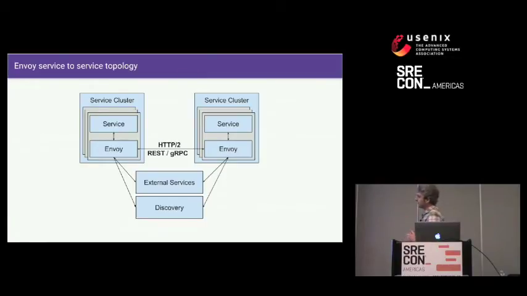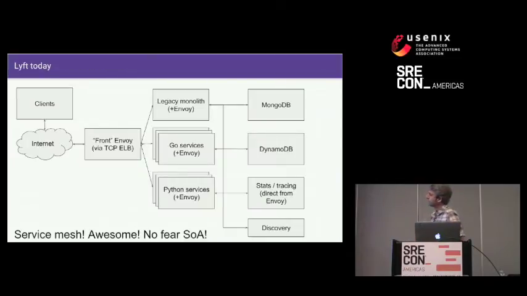Those Envoys talk to each other. They can use different protocols, but typically they use H2. Then those Envoys can also talk to external services, whether that's MongoDB or Dynamo or Stripe or other vendors. And then those Envoys are talking to a service discovery service, which allows them to know all of the hosts.